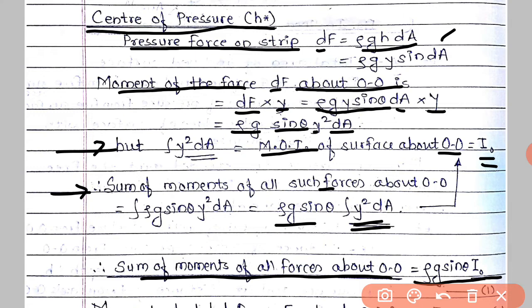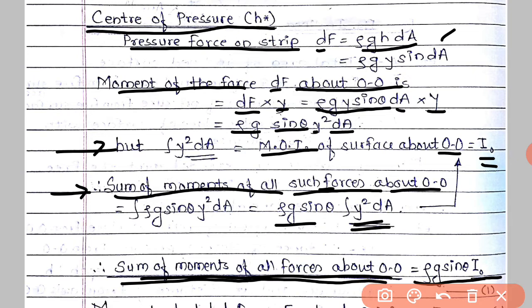Take pressure force on a single strip and calculate moment of force on that strip, and by integrating moment of force on a single strip we will get sum of moments of all such forces acting on the strip about axis O dash O. So sum of moments of all the forces acting at O dash O will be rho g sin theta I0.